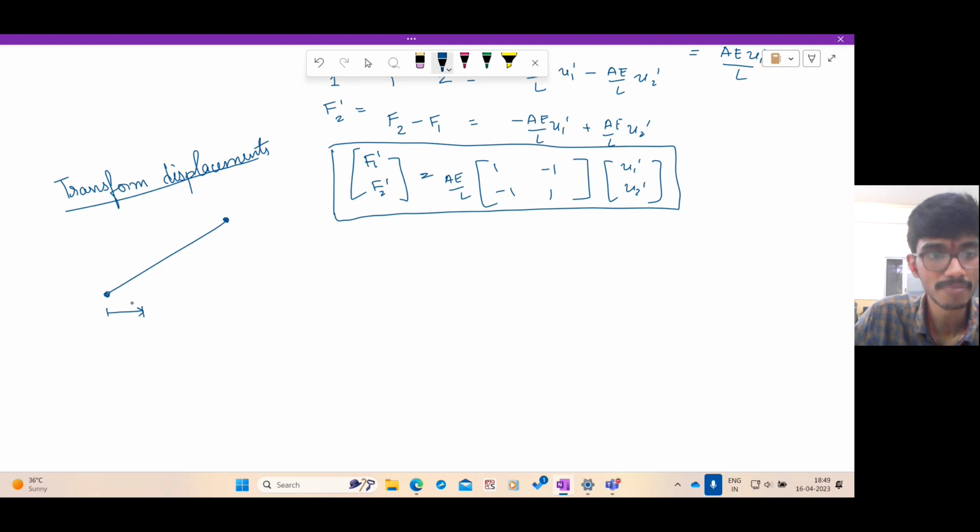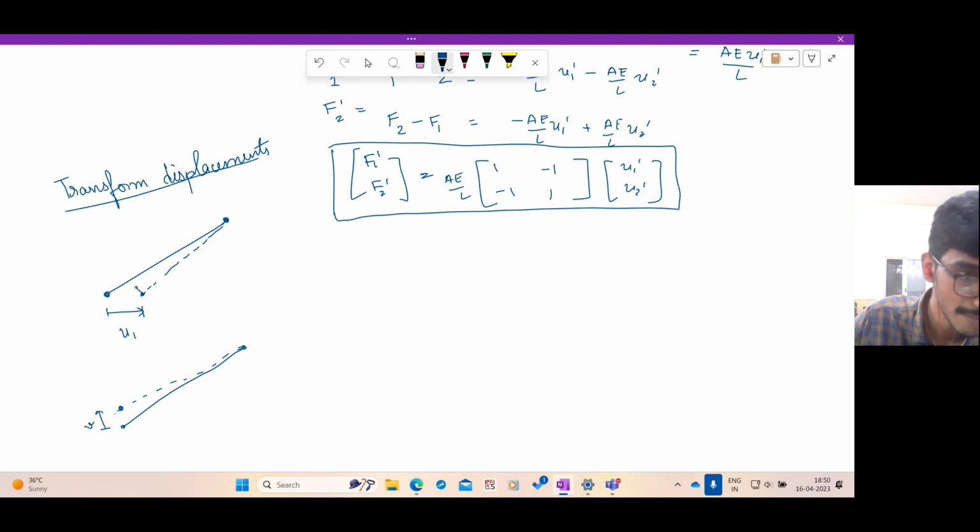The total displacement is a superposition of small displacements along the x-axis, u1, and the displacement along the y-axis, v1. How are these two related to the local displacement?